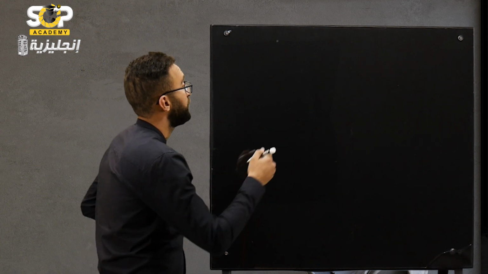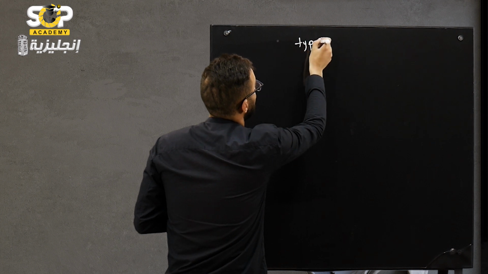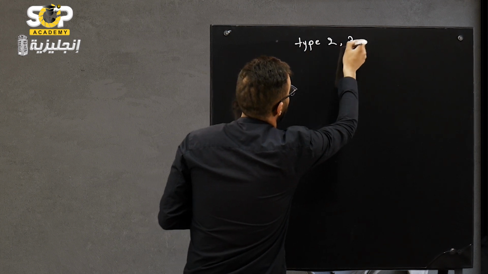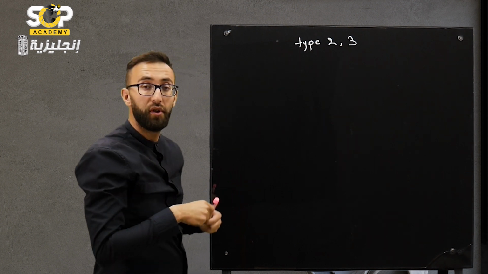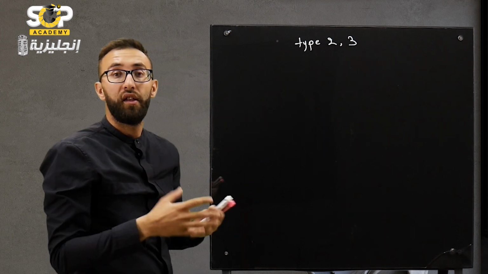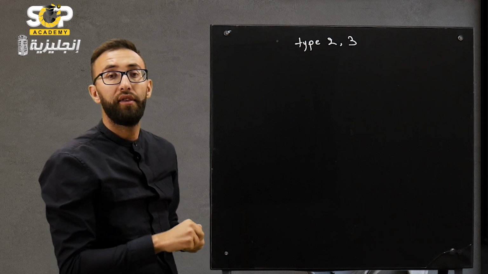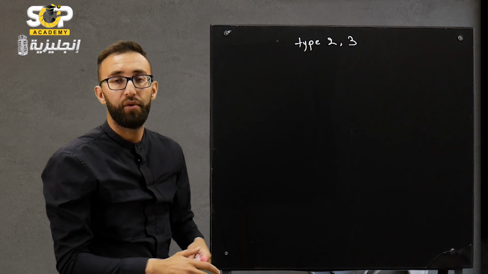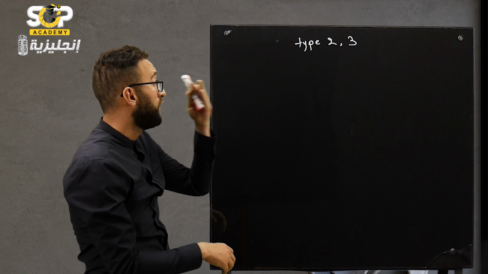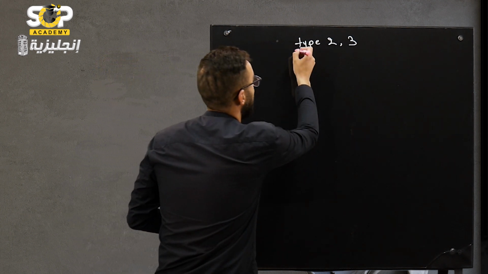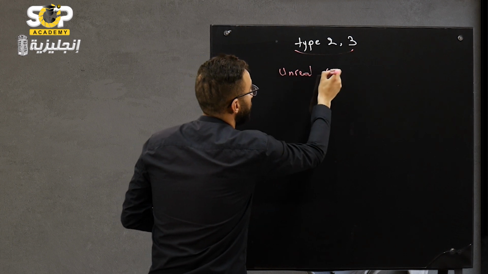Now let's move to the other types of conditional: conditional type 2 and conditional type 3. In the first types, we dealt with real situations, general truths, or whatever you want to call it. But now we're going to deal with unreal situations.